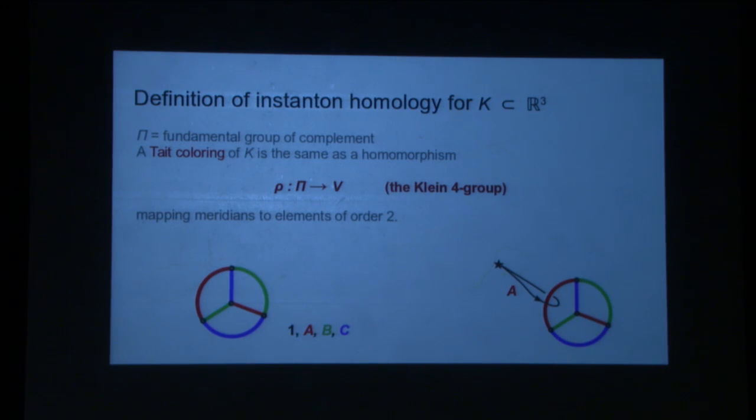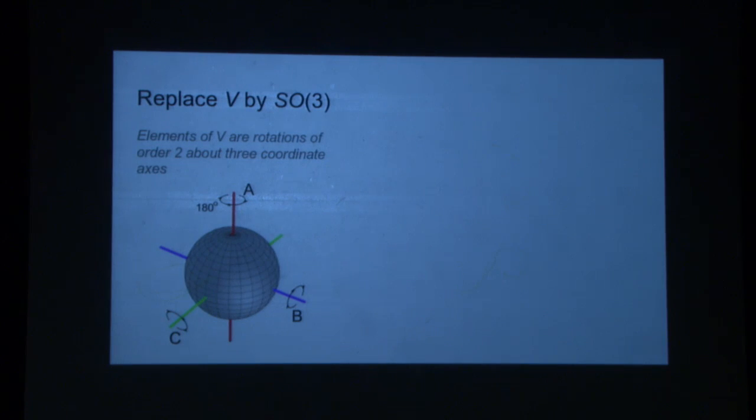Once we've thought of homomorphisms to the Klein-4 group, and being gauge theorists at heart, we want to replace the Klein-4 group by the larger group of all rotations of 3-space. I want to embed the Klein-4 group as the rotations about 3 standard axes, the coordinate axes in R3, 3 orthogonal elements of order 2.